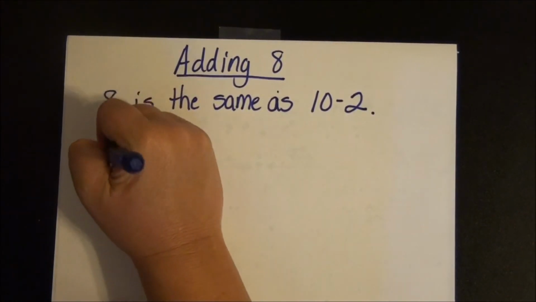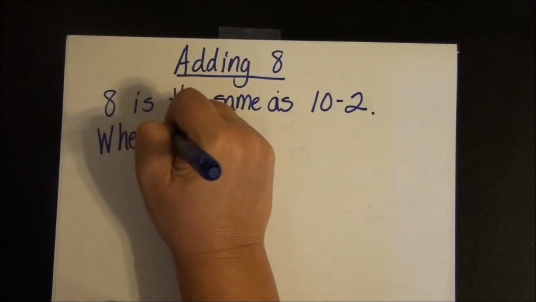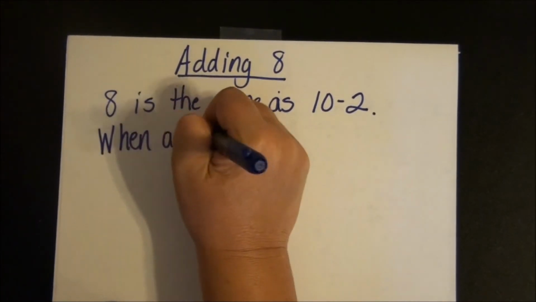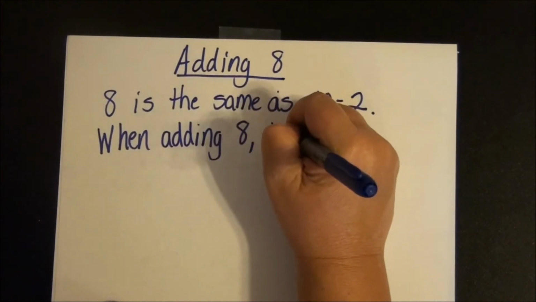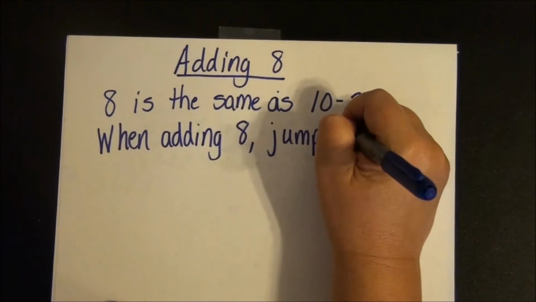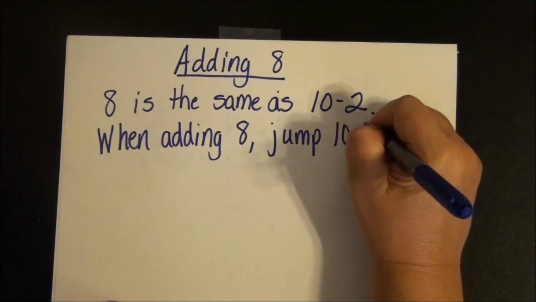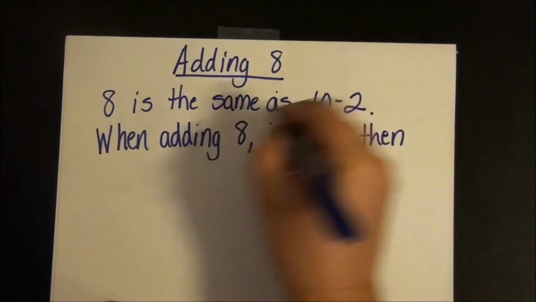So when adding 8, jump 10, then count back 2.